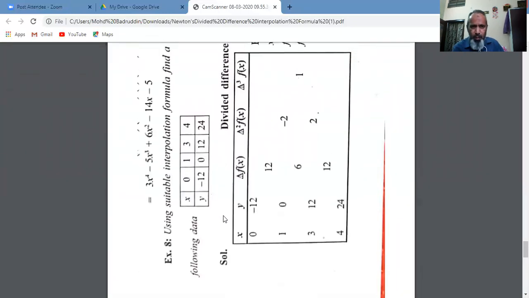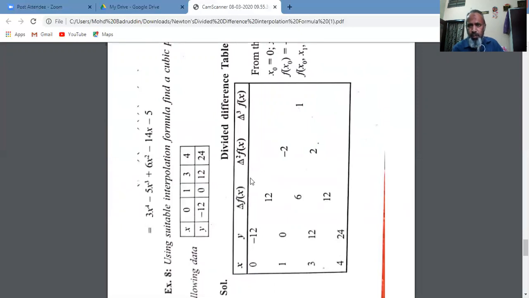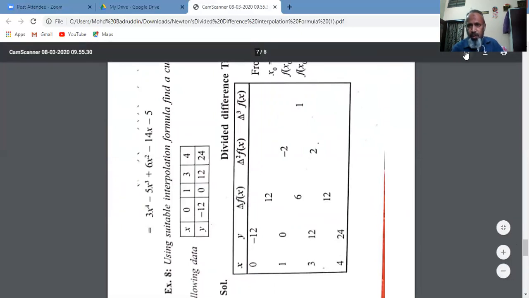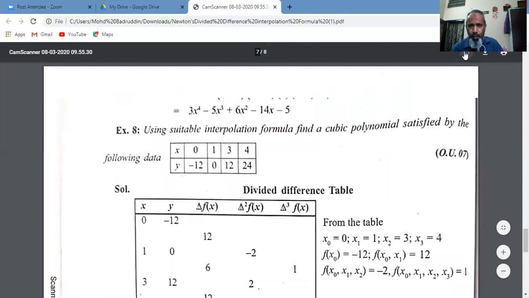So in the problem, what is given? We have to find the cubic polynomial satisfying the following data. Since the interval is not equal, 0 to 1, and 1 to 3, the difference is 2, and 3 to 4, the difference is 1. So the x values are unequally spaced.